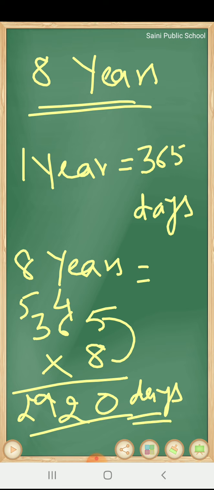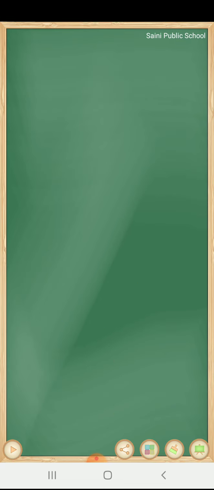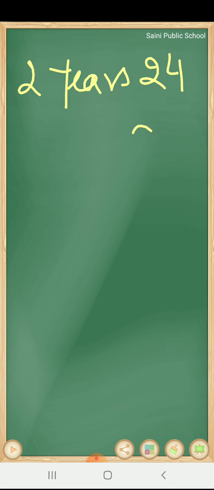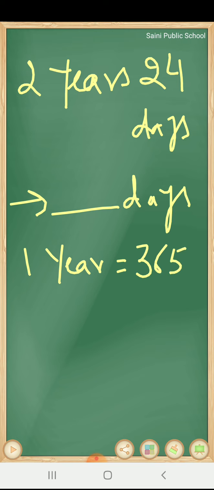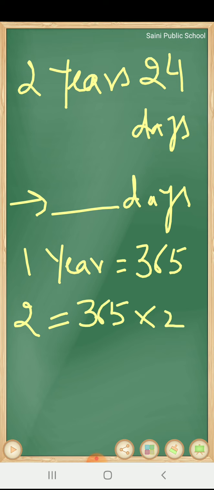So for converting years into days we will multiply by 365. Suppose both years and days are given to us. Suppose the question is convert 2 years 24 days into days. Now in 1 year there are 365 days. So in 2 years how many days? 365 multiplied by 2.